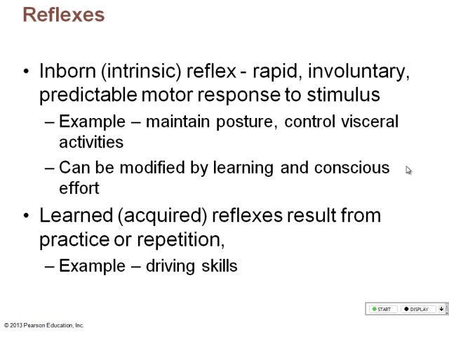So, a very rapid, involuntary, predictable motor response to stimulus. When you maintain your posture or control different visceral activities, like, did anybody eat breakfast this morning? So what's going on? Yeah, food has to be digested.